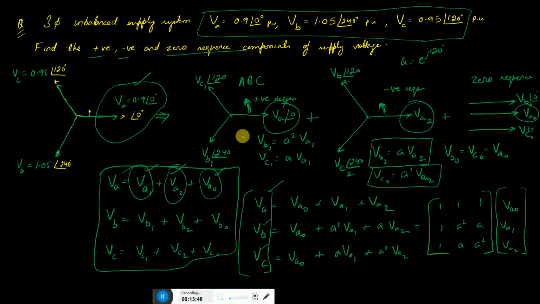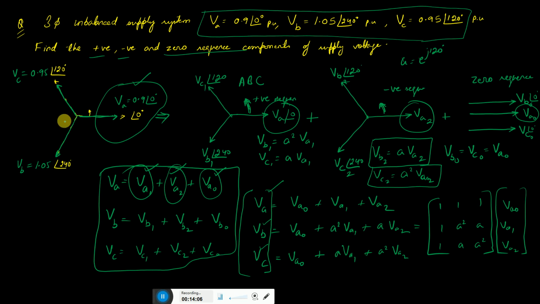The thing is that here B is lagging, and here B is not lagging, it is in phase with VA. So if the three-phase supply voltage is balanced, we will have only positive sequence.